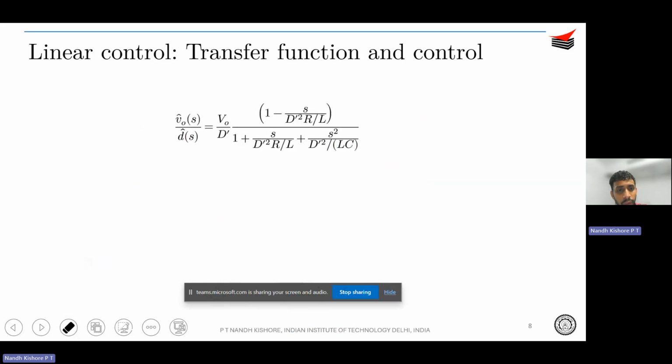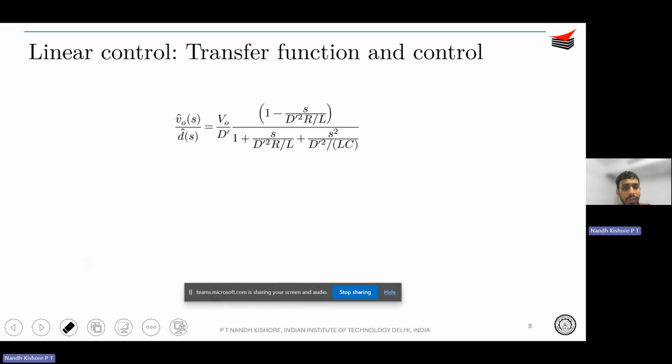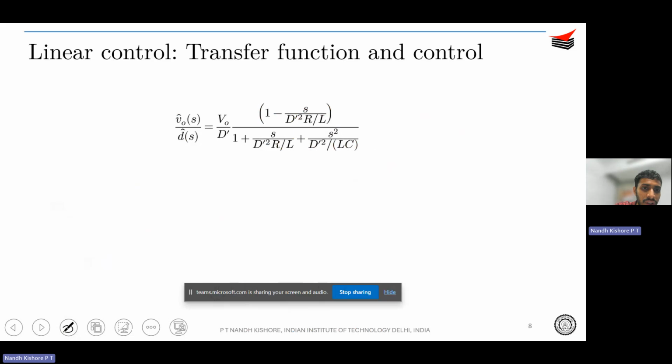With these, subsequently you can apply the Laplace transform. I'm not going into that, it would be more into control systems, but what you will end up with is an expression of V naught by D. In any transfer function, this is your input and this is your output, in your Laplace domain.